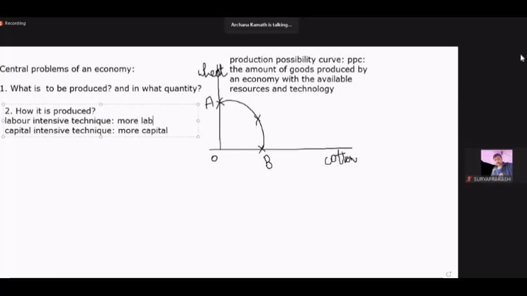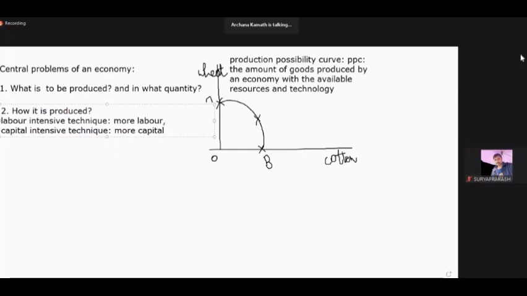See, these are practically possible when that factor is abundantly available in an economy. For example, in a populated country like India where you have more labor, you can find labor cheaply available and capital is much more expensive.